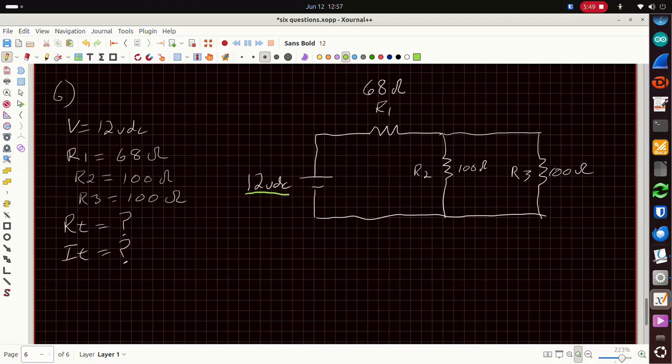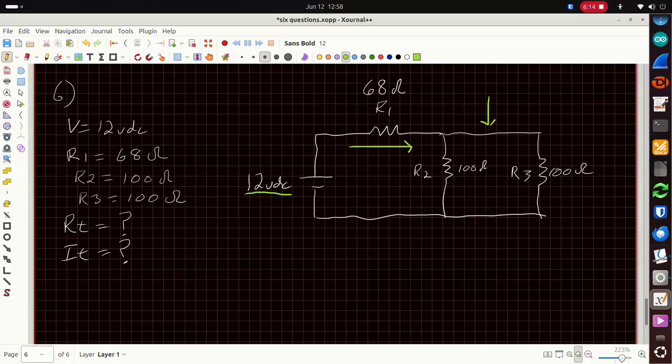So here is question 6. We have a known 12 volt DC source of power. We have 3 resistors. Now this one is different. It might be the first time you've seen this. We have one resistor in series with 2 resistors that are in parallel.